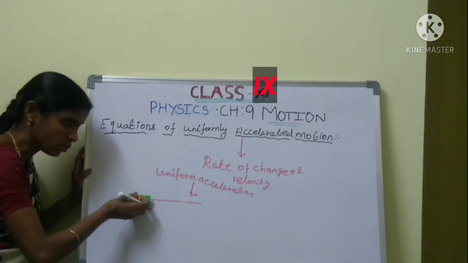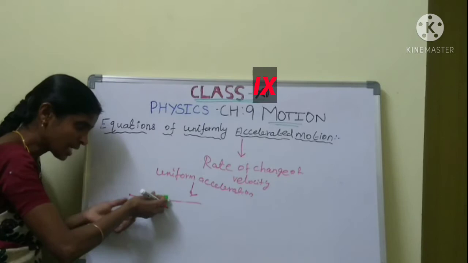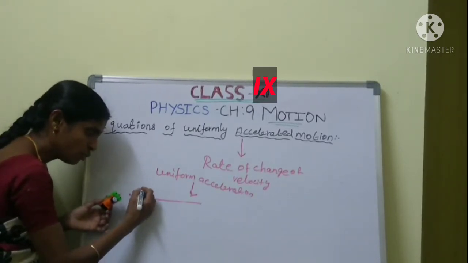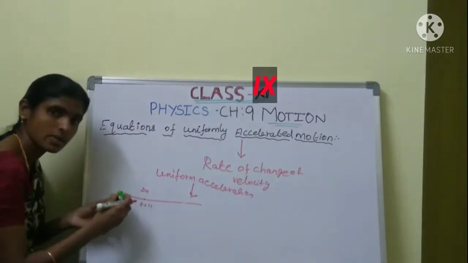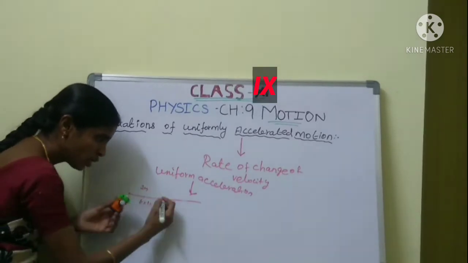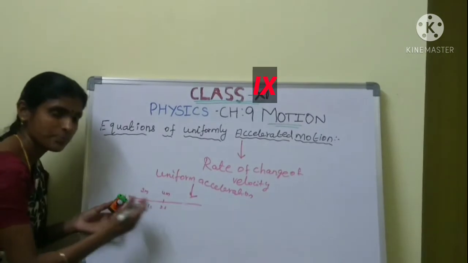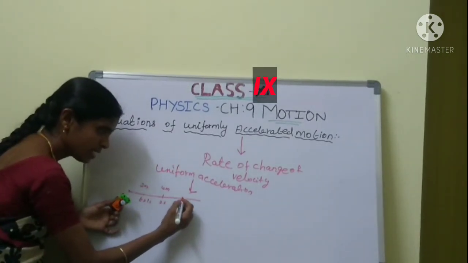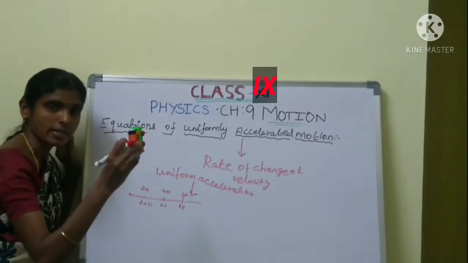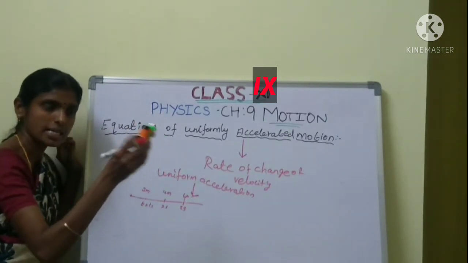At t equal to 1 second, the car moves 2 meters. Next, at t equal to 2 seconds, the car has moved 4 meters. Then at the third second, the car has moved 6 meters. This is the object; a car, a bus, or a train can be considered.